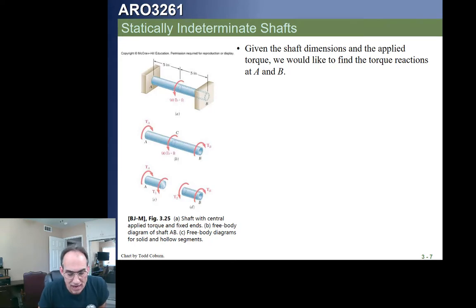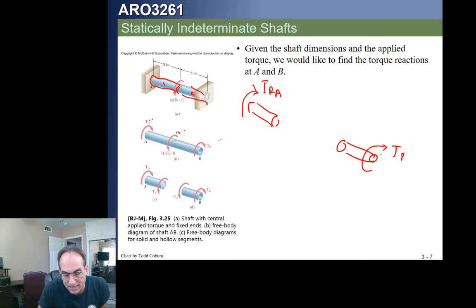We can see we've got two shafts. If we break this up into two pieces from here to here, we'll call this our element 1 and this our element 2. We can see this first one under the action of this torque. Now what we don't know is, part of it goes this way and part of it goes this way. So we can say this is the torque reaction at A, and then we have this other element, and we have the torque reaction at B. And in between, we have this torque that's applied, part of which goes each way.